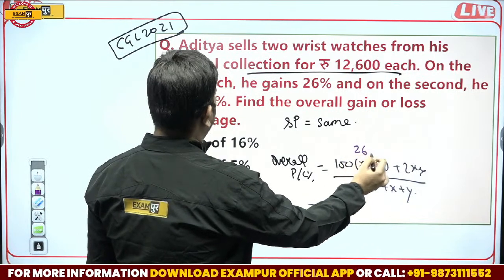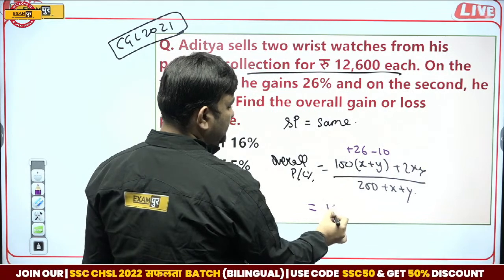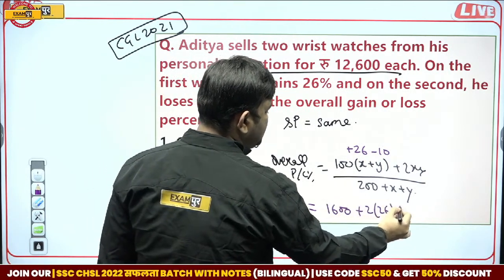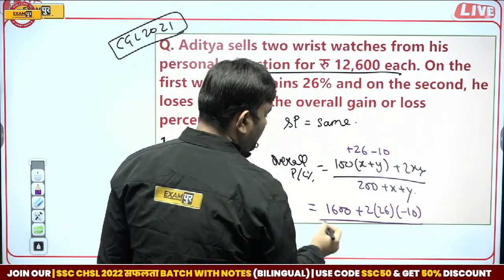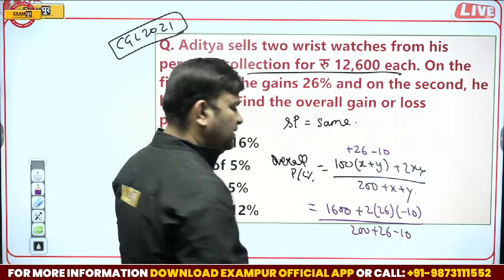X is plus 26, y is minus 10. So 16 into 100, 1600. 2 into 26 into minus 10 upon 200 plus 26 minus 10.